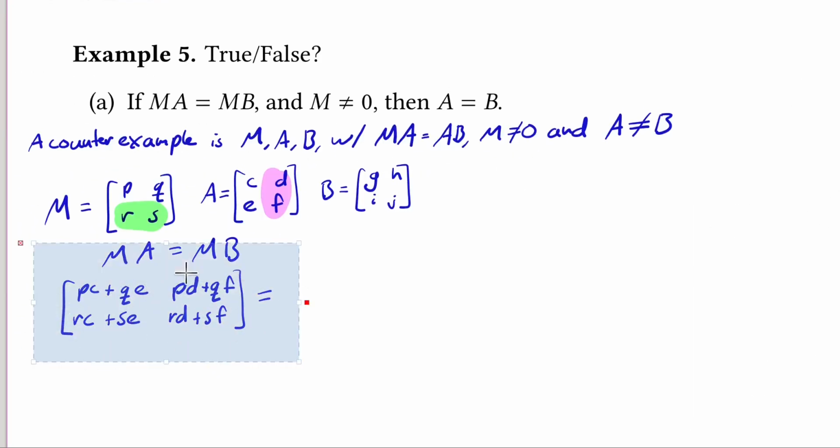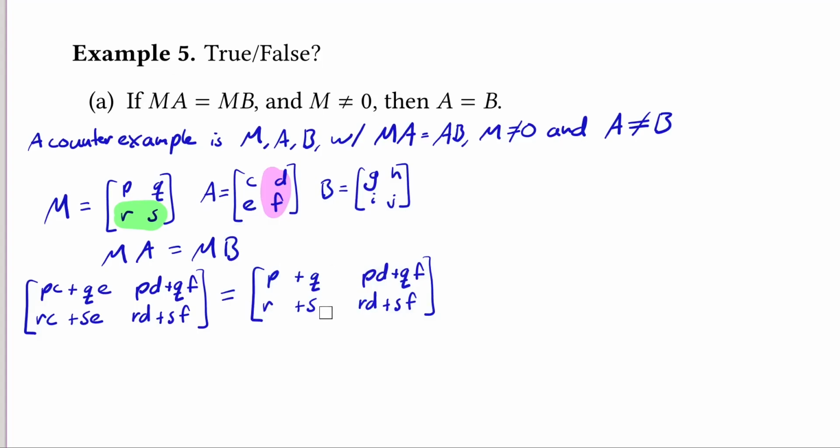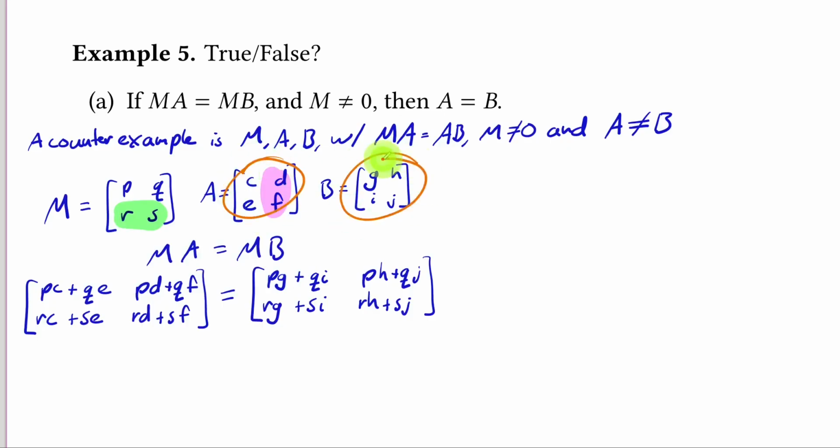Now MB should be the same idea, but with the entries from B, like so. Now, if you want to think on your own about how to do this, you might want to pause the video, but I'll go ahead and explain my idea for how we can make these the same, but make it so the entries in A and B are different somehow.